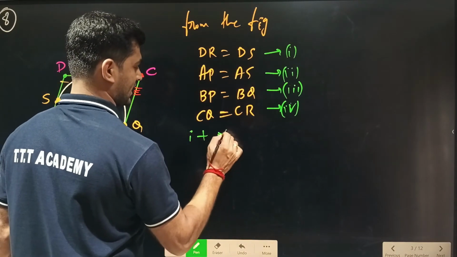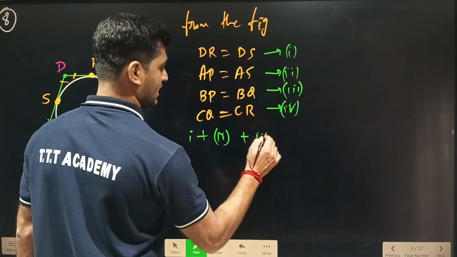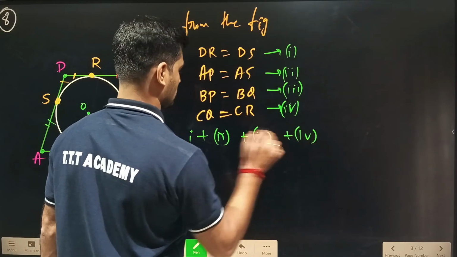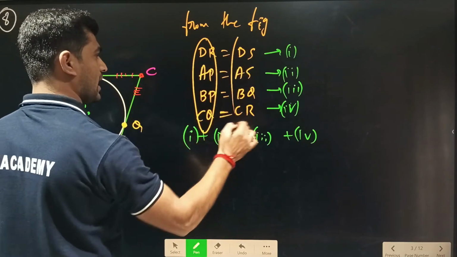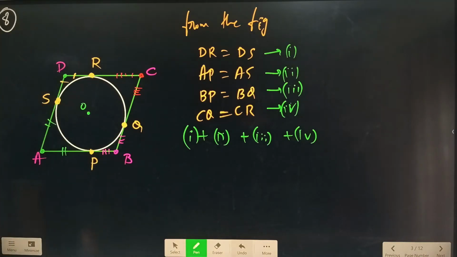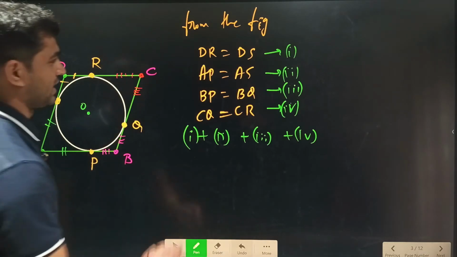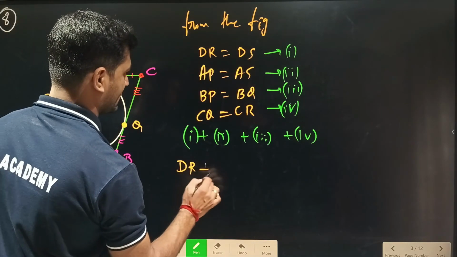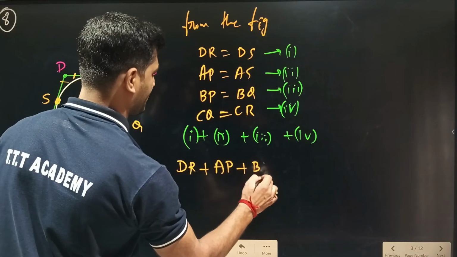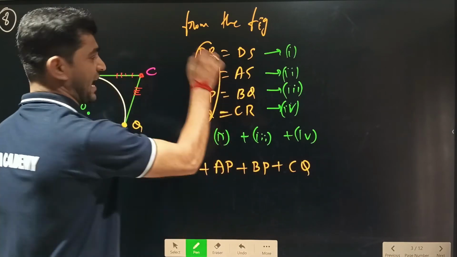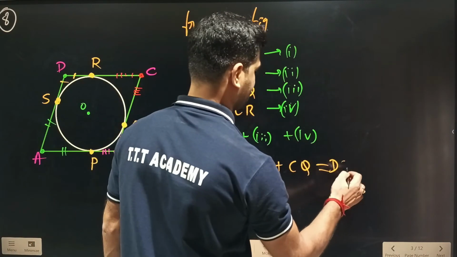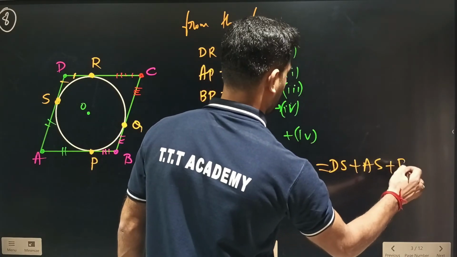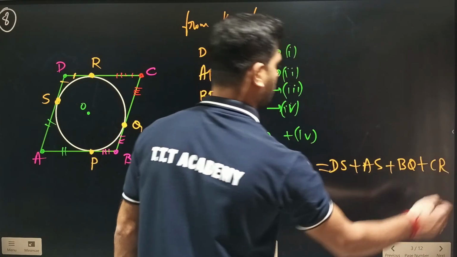If we add all the terms, LHS and RHS should be equal. So DR plus AP plus BP plus CQ on this side is equal to DS plus AS plus BQ plus CR on this side.